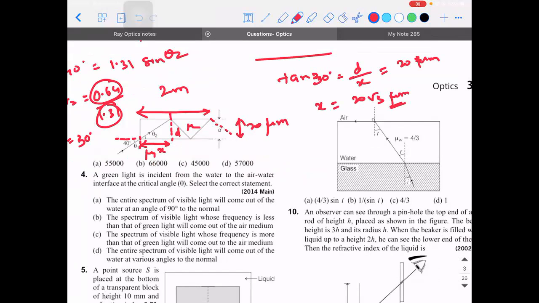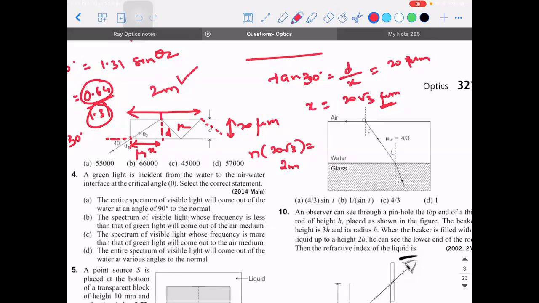Correct. Now how many reflections will there be? N times 20 into root 3, is it not equal to 2 meter? So N is 2 by 20 root 3 micrometer. 2 by 20 root 3 should be the answer.